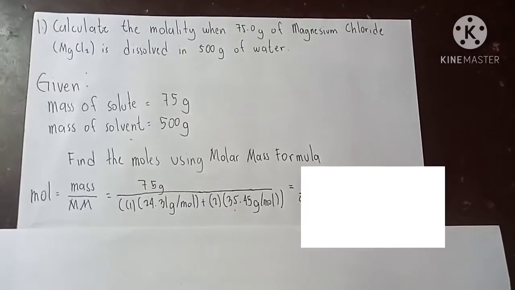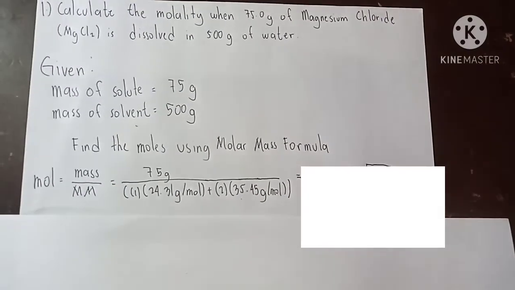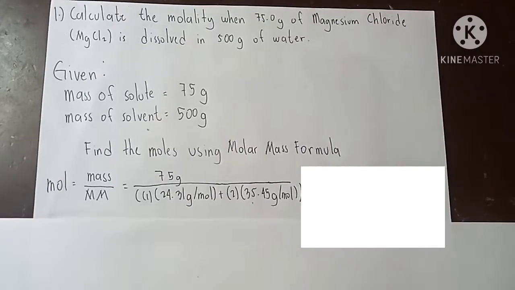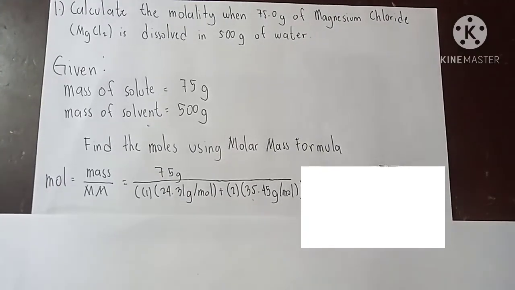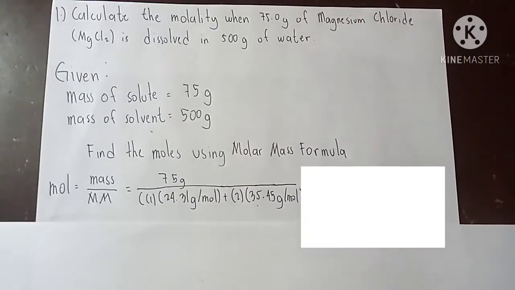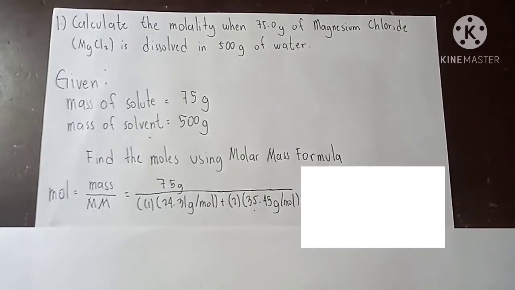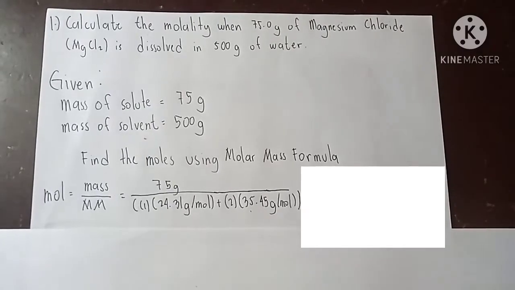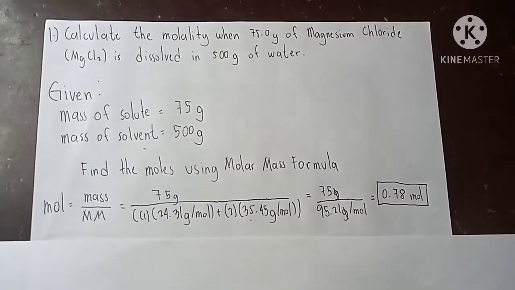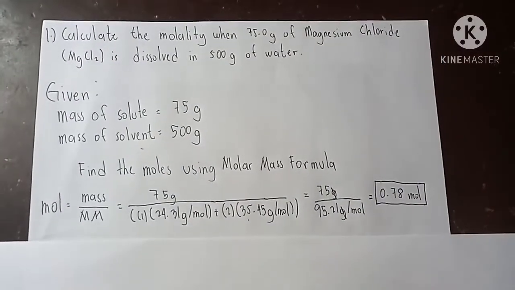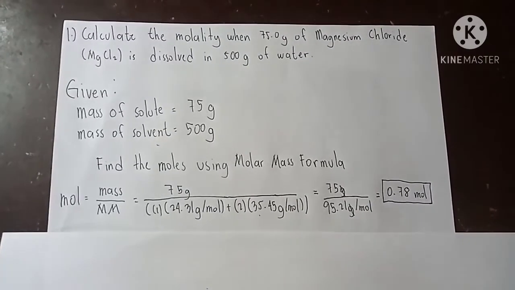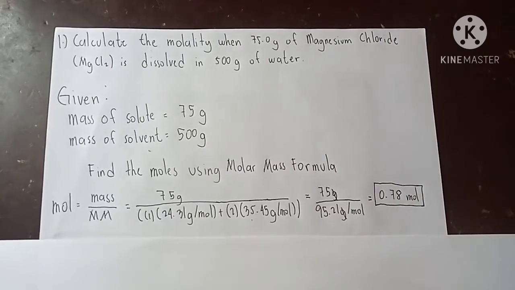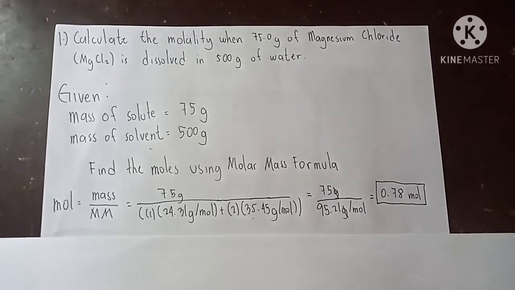So the atomic weight of magnesium is 24.31 grams plus the atomic weight of chlorine is 35.45 grams times 2 because it has two atoms, and it is equal to 75 grams divided by 95.21 grams per mole. So it is equal to 0.78 mole. So now we have our mole.